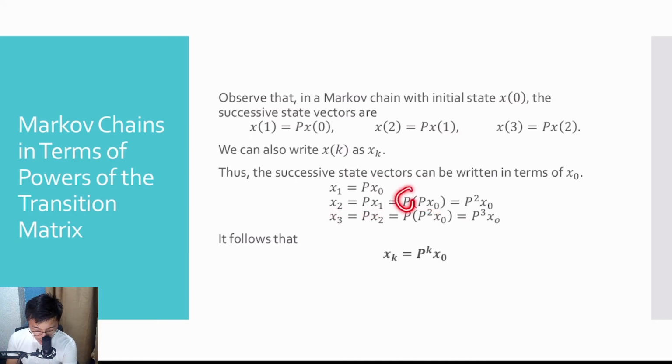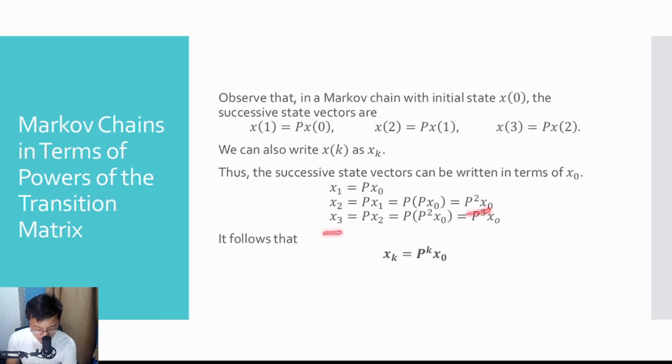So we can multiply p by p x sub 0 and we will have p squared x sub 0. So here we can see that x sub 2 is written in terms of the initial state vector. Okay? And next, to get the third state vector, x sub 3, we multiply p by x sub 2, and from the previous equation, x sub 2 is p squared x sub 0.